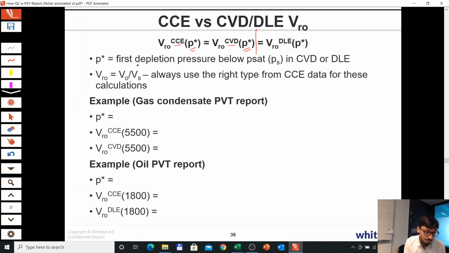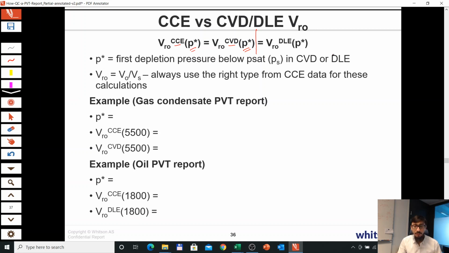P star is the first depletion pressure below the saturation pressure in the CVD or DLE experiment. We know that the CVD or DLE experiment always starts from the saturation pressure, being a bubble point or a dew point. So the relative oil volume at the first pressure below the saturation pressure in a CVD or DLE experiment should always be equal to the relative oil volume at the same pressure in a CCE experiment.